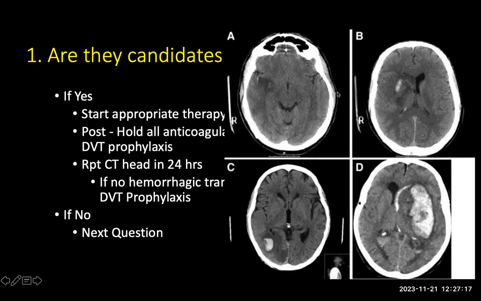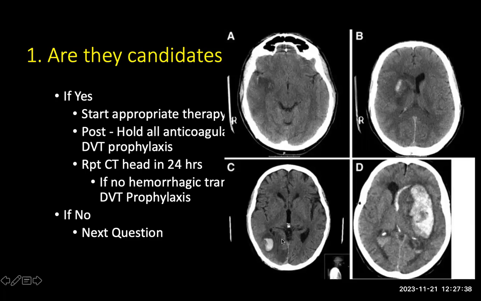For HI1 and most cases of HI2, you would be okay to start a single antiplatelet agent, aspirin. For HI1, you're also okay to start pharmacological DVT prophylaxis. Maybe for HI2, you might hold off on pharmacological DVT prophylaxis for another 48 hours and keep them on pneumatic compression.